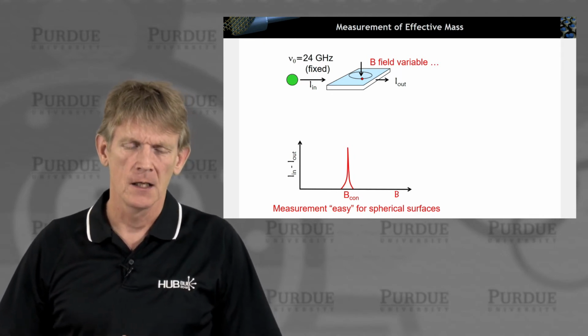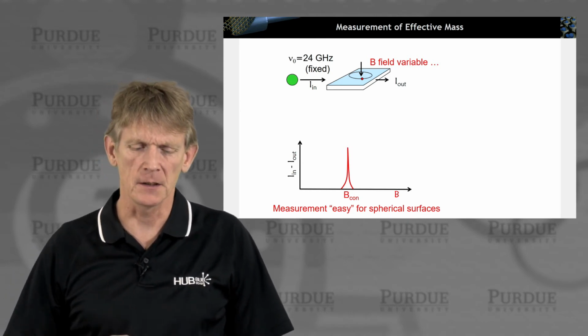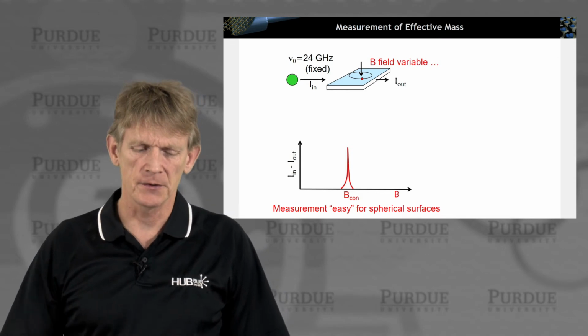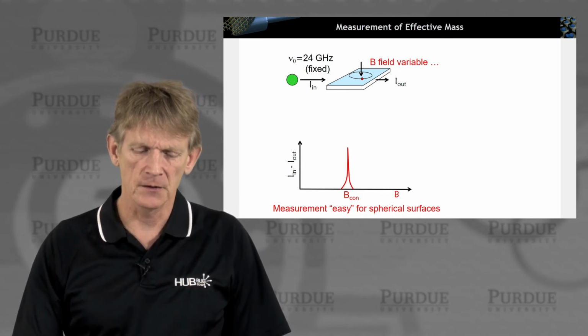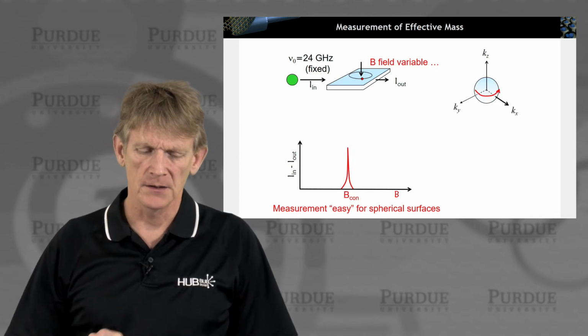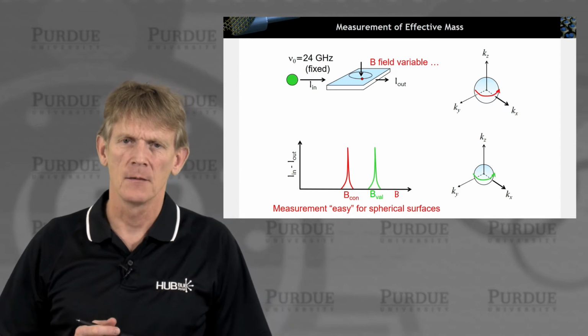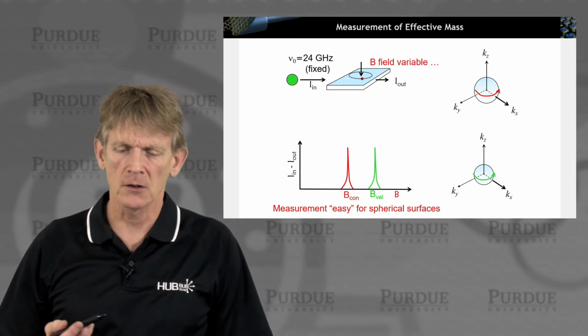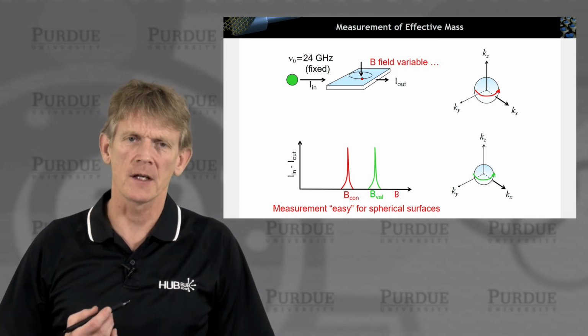So you have more current coming in than coming out, so that's the absorption, and you do that for a specific range of magnetic fields. You find a peak for one specific magnetic field, and you can find another one for a different magnetic field. Those can correspond to, say, a conduction band electron and a valence band electron.